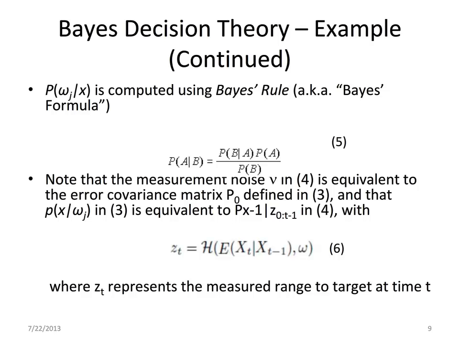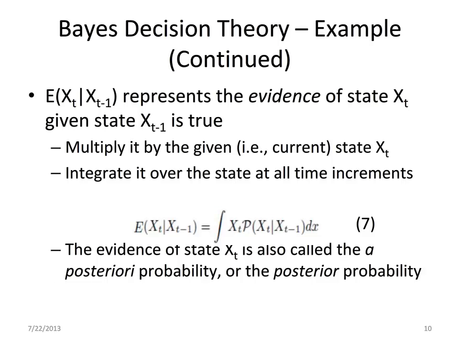That function is the evidence of a state x at a specific time, or evidence that a target exists at a defined coordinate x, y, and z for that particular target. And you'll see in equation 7 it's the integral sum of all posterior probabilities of all states. The evidence is also called the a posteriori probability or the posterior probability.